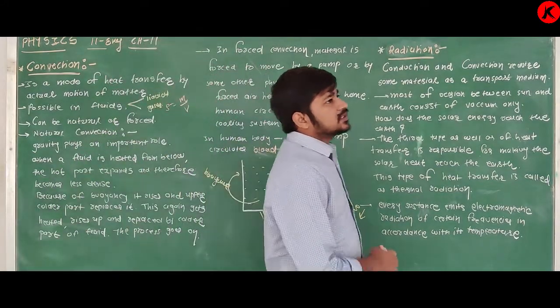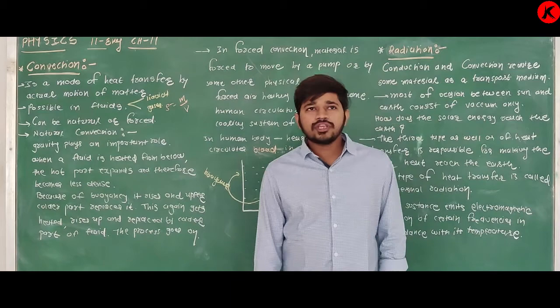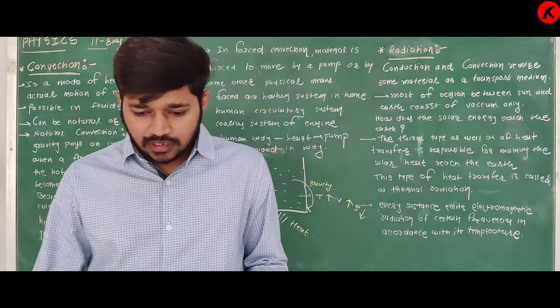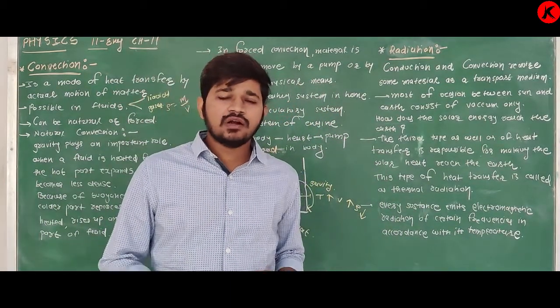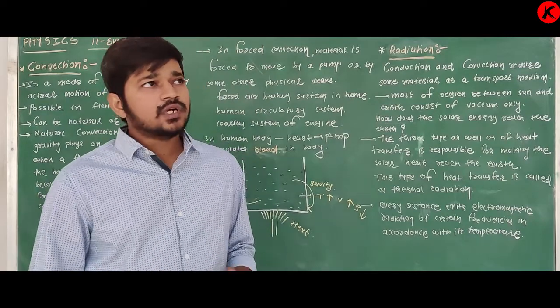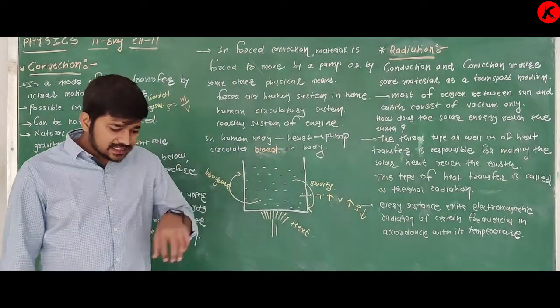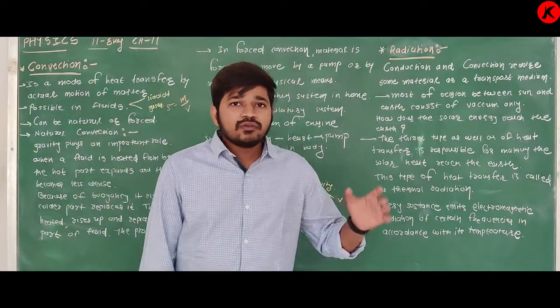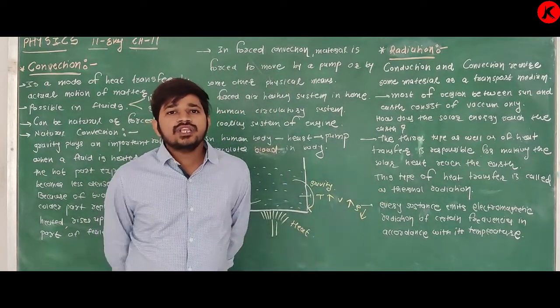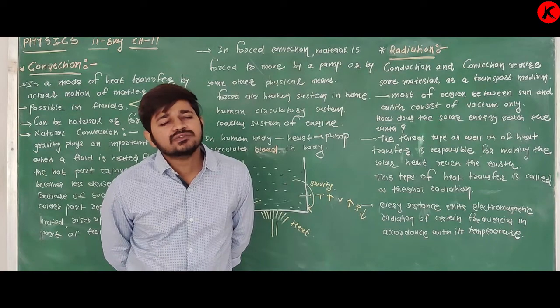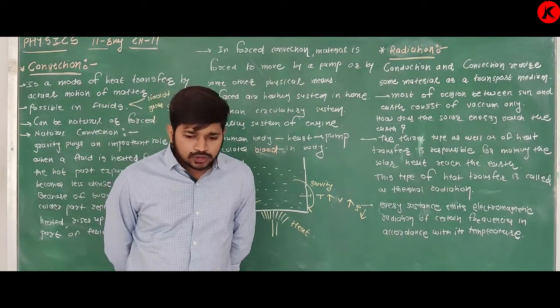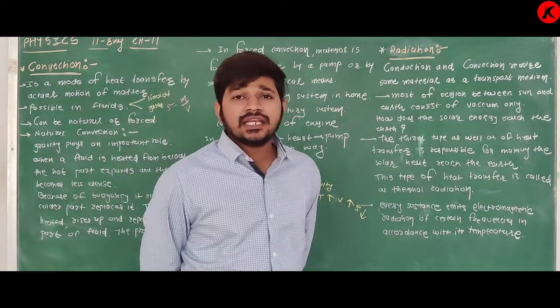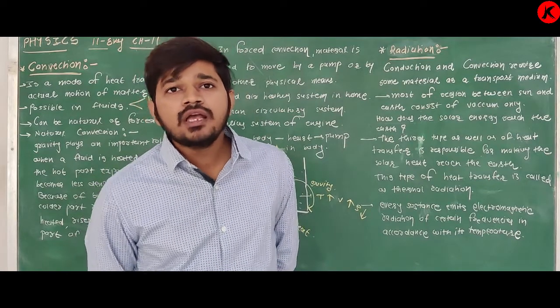But there is one question. In our solar system, Sun is at center and all planets are revolving in elliptical orbit around it, and we are getting radiations from Sun. Most of part between Sun and Earth is vacuum.